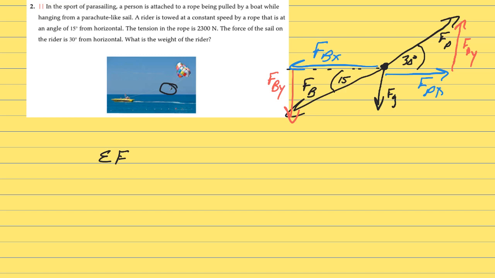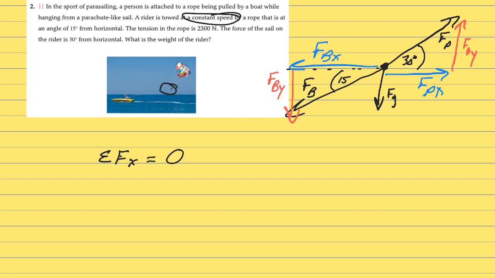Sum of the forces, let's do the easy one first, the x direction. We know it equals 0 because it's a constant speed, and that's kind of the section we're on, so we know the sum of the forces equals 0.